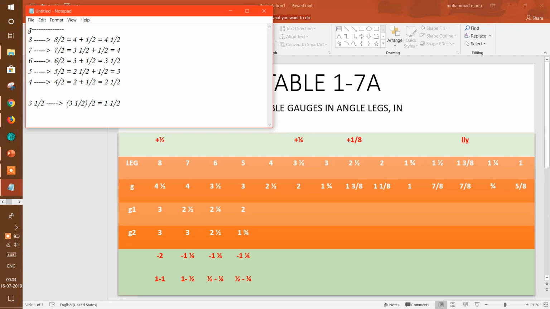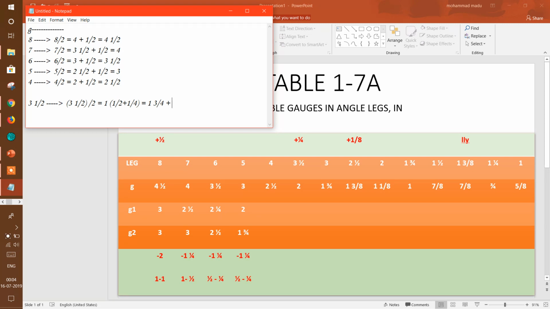Let's take it in brackets, plus 1/4. What we're going to get from this is 1 3/4. And as I said earlier, we should add plus 1/4 from 3 and off.